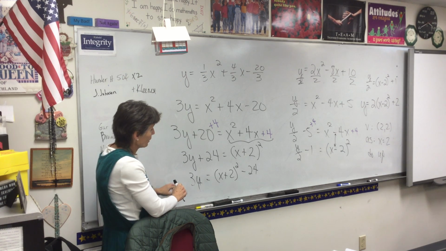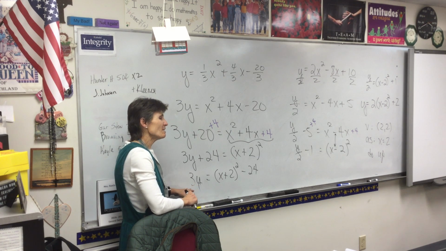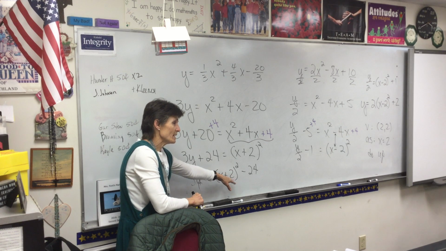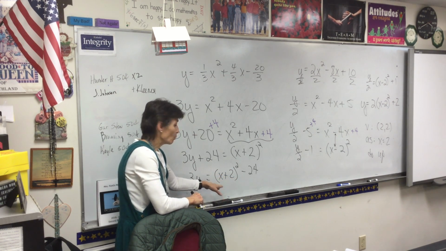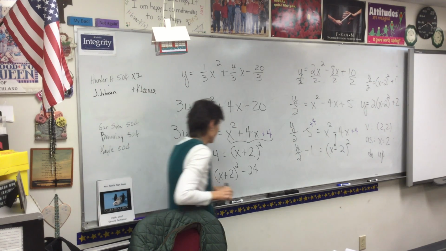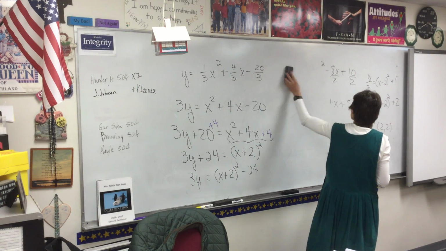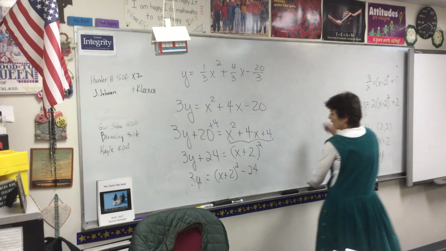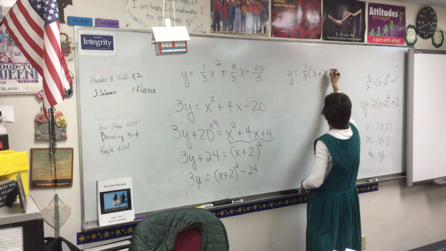What are we going to divide by? 3. When we divide by 3, it looks really weird to put the parentheses divided by 3. So we normally make it 1/3. So instead of putting the parentheses over 3, out in front we just put a 1/3.